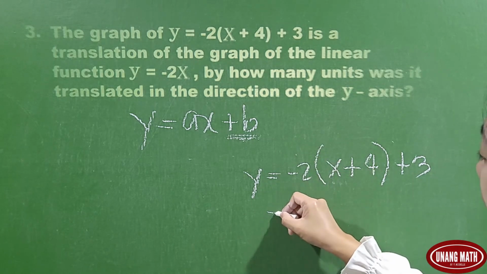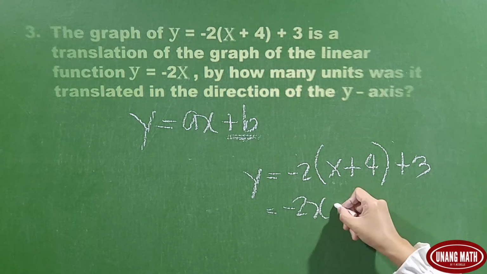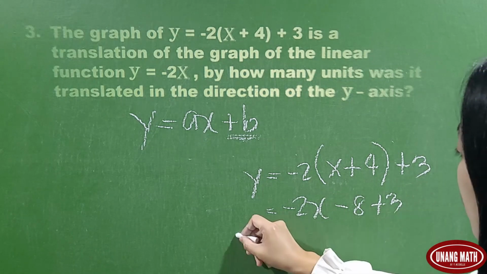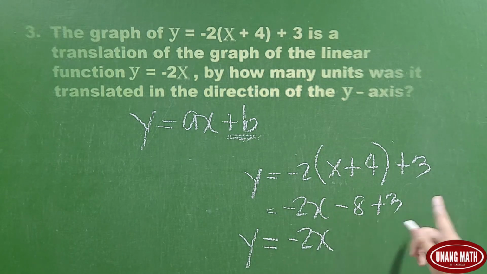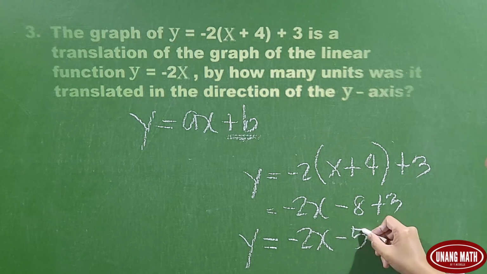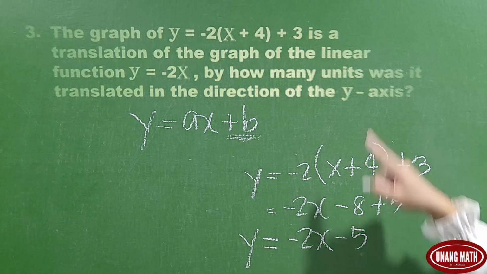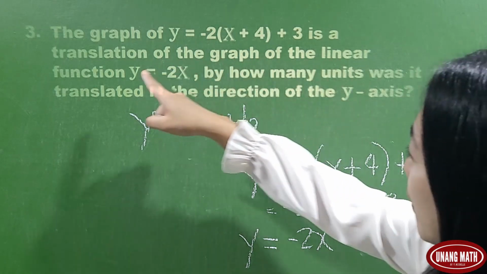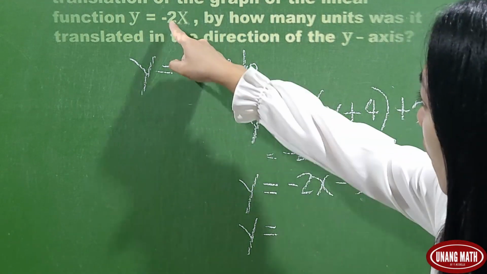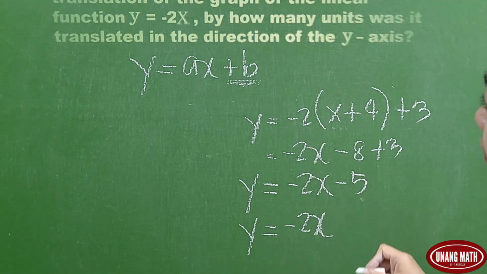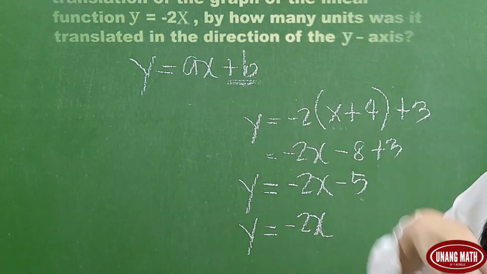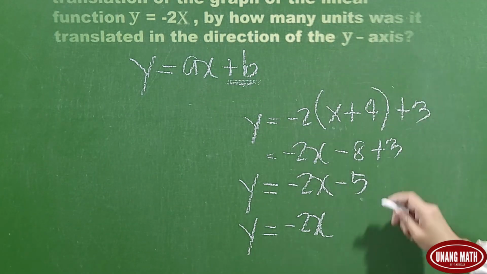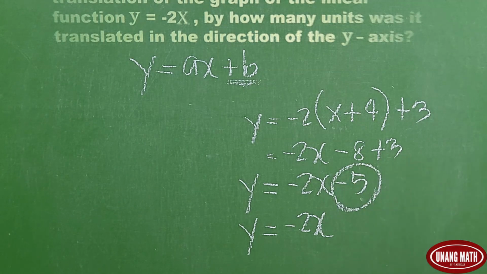If we simplify, this is -2x - 8 + 3. So y = -2x, and -8 plus 3 is -5. This graph is a translation of y = -2x, so the number of units translated in the direction of the y-axis is -5.